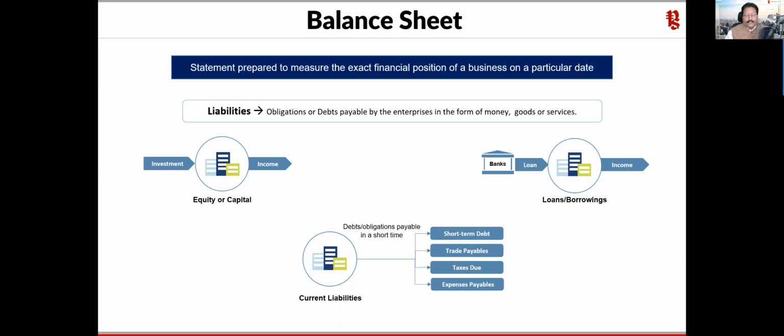In the next session, we will discuss the asset side of the balance sheet. In a similar way, we will try to understand what classifications are done at the broader level on the asset side, what implication it has, and how it gives information to the person looking at the asset side of your balance sheet, right?